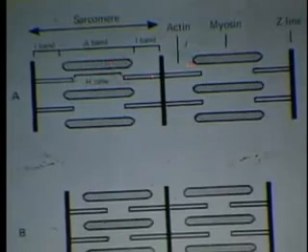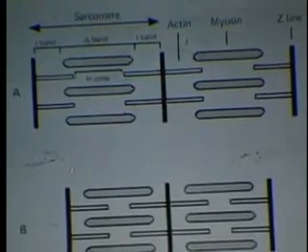In the next one. Now, this is the basic principle that we were just showing. A sarcomere was between two Z bands. Here are A bands, here are I bands. When these Z bands come together, the A and I bands do not shorten. It's just the distance between the two Z bands.